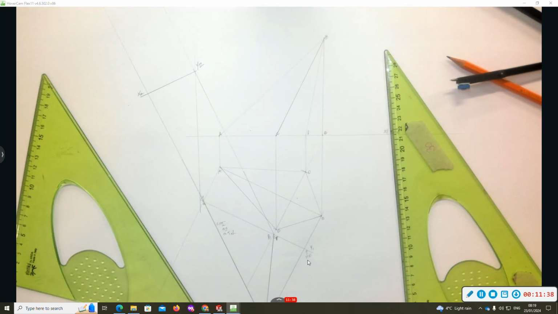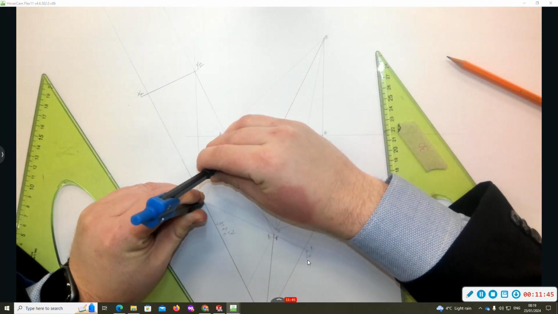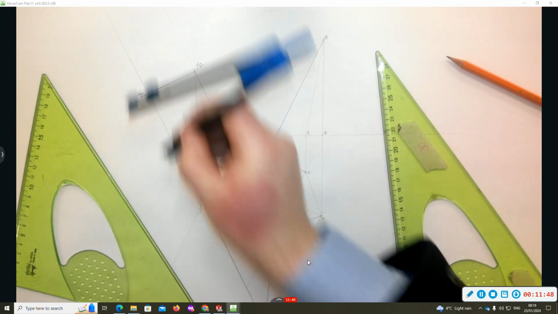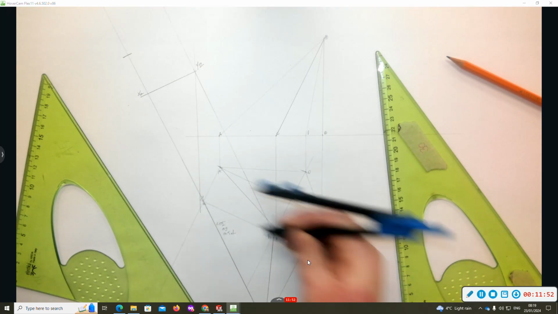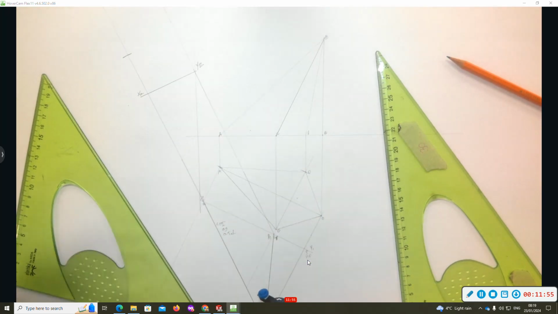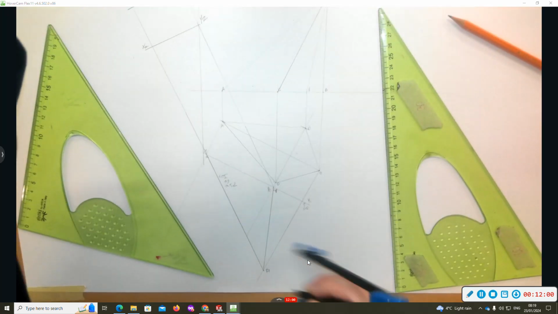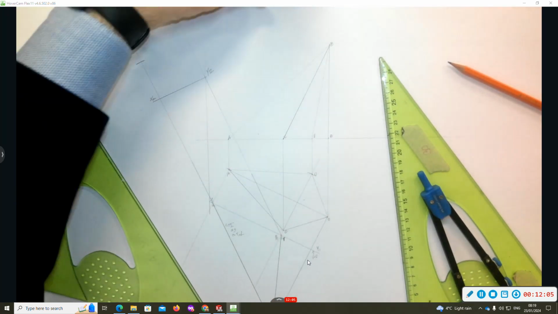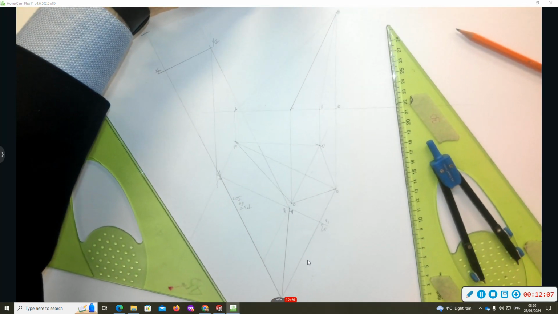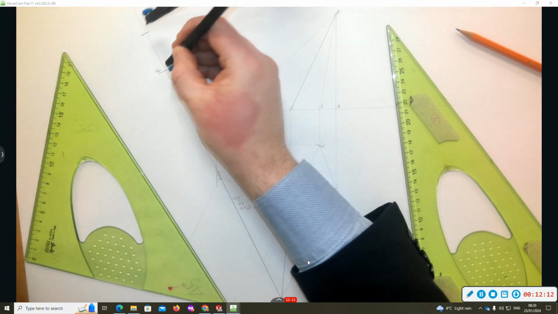So I can take my distances back from my X1, Y1 line back to plan. So the distance of A, B, find B here, just follow it down. So find B, follow it up here. There we go, same one.